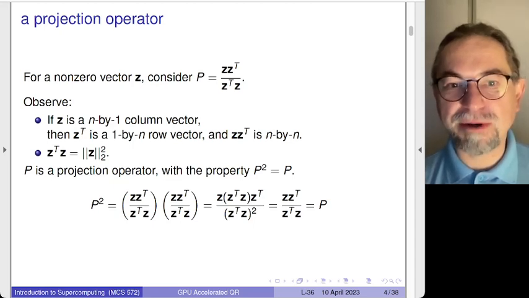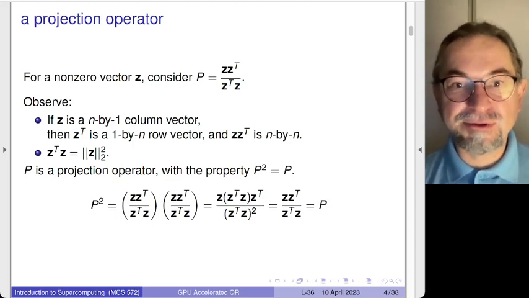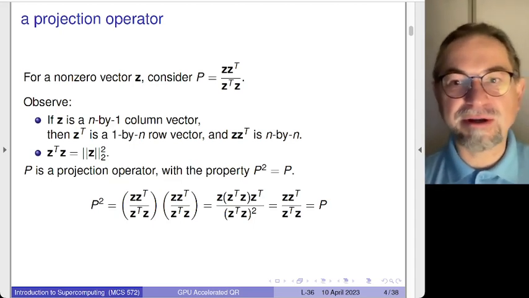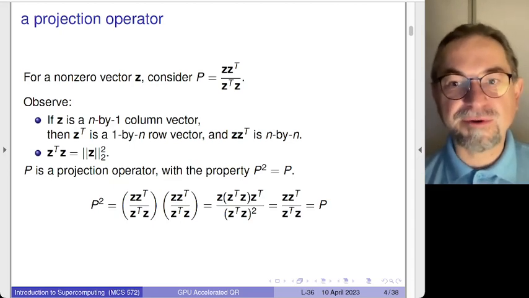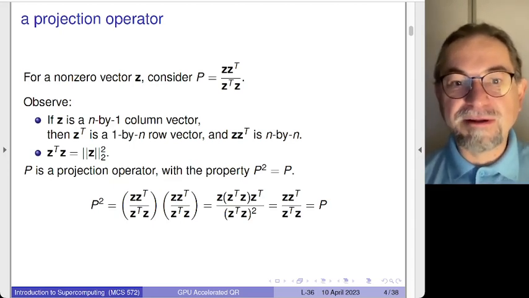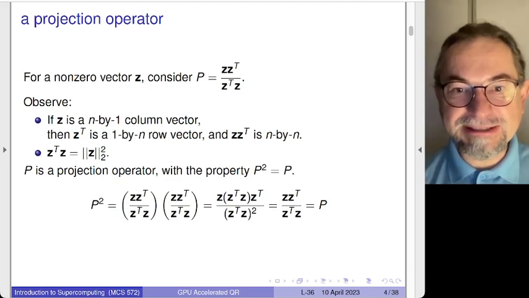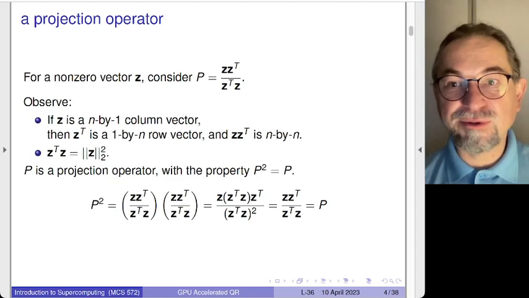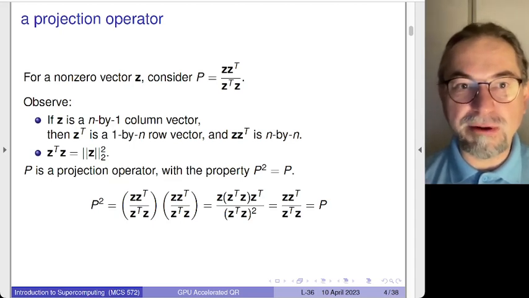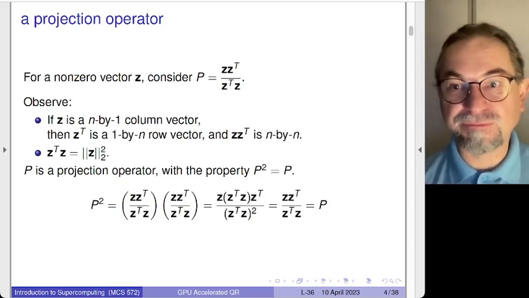So if you apply them twice, so a matrix times a vector can be seen as a linear map, so as an operator that makes new vectors from other vectors. Well, if you do this twice, then you can see here at the last line that you obtain the original matrix. So that's one of the properties of projection operators.